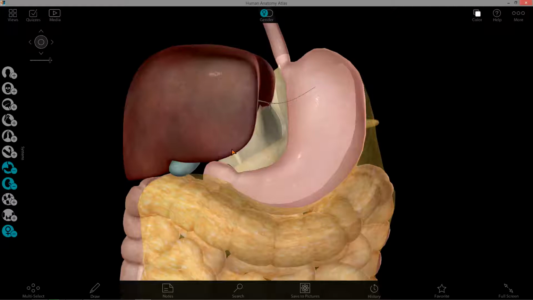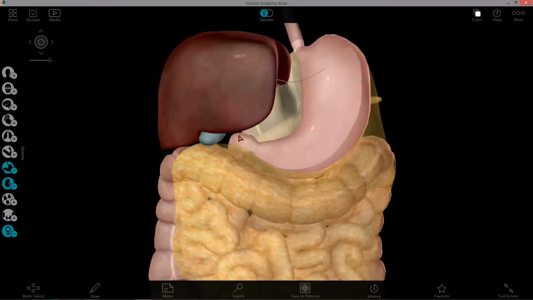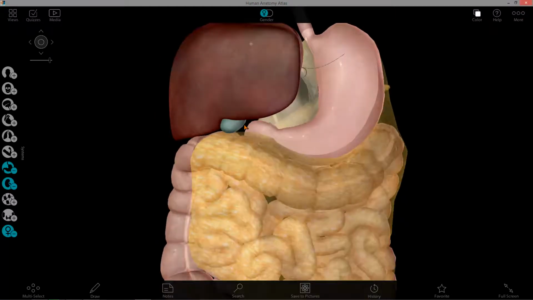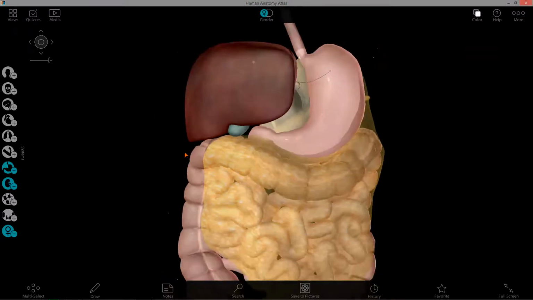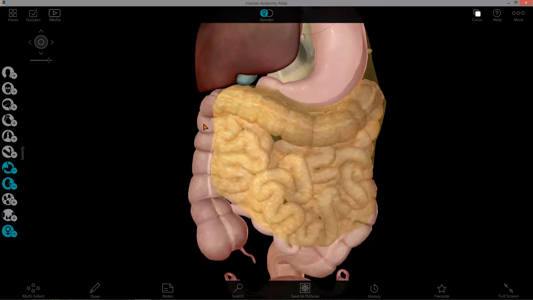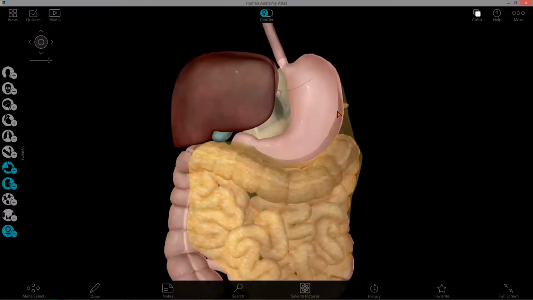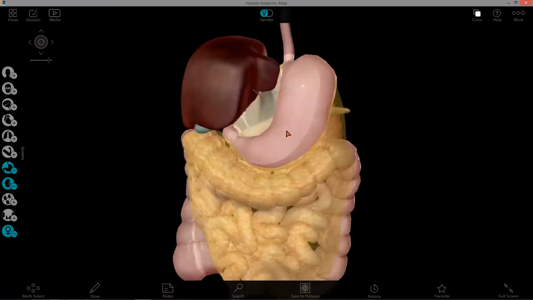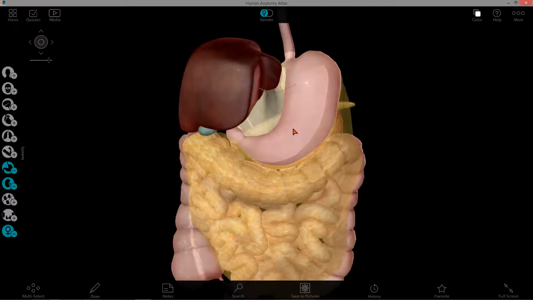So you have this cul-de-sac in here, which I'll go over the boundaries of in a second, and through a space approximately here, it connects to the rest of the peritoneal cavity. But first, the boundaries of the cul-de-sac known as the lesser sac.